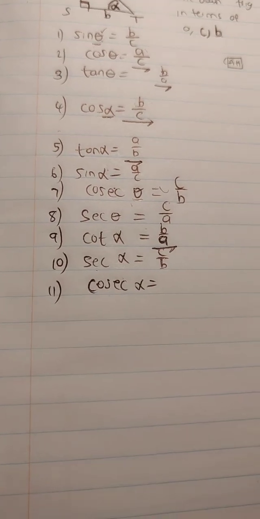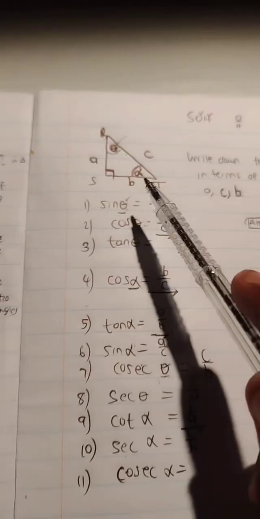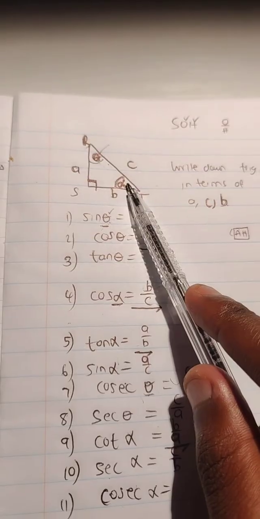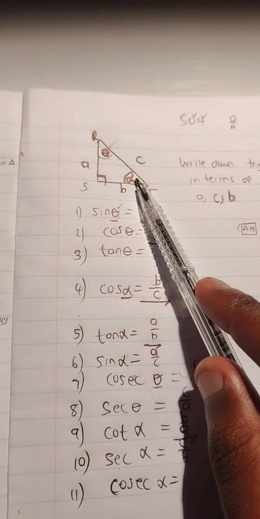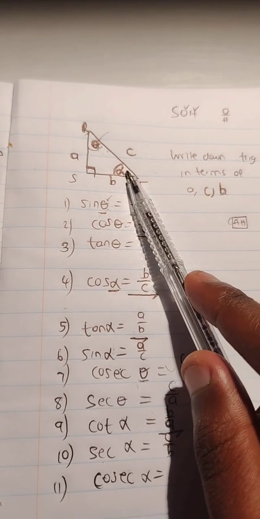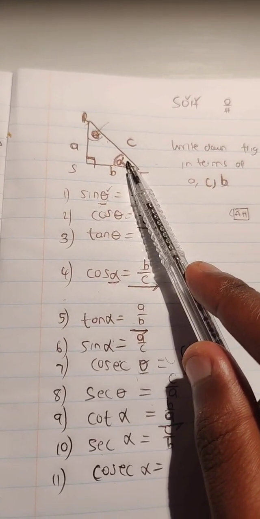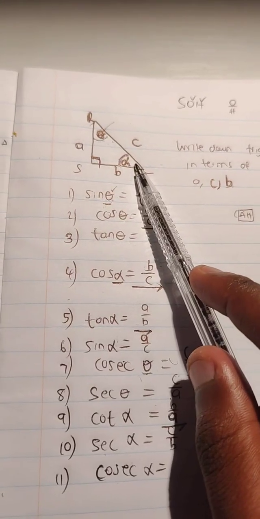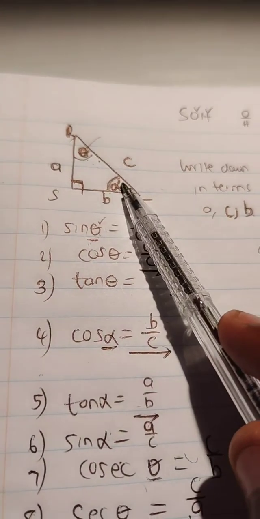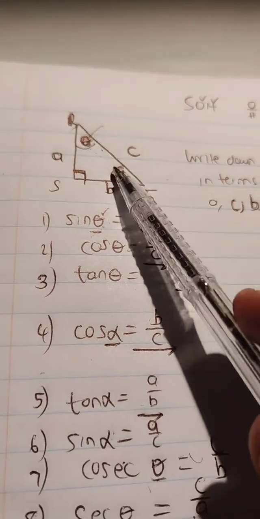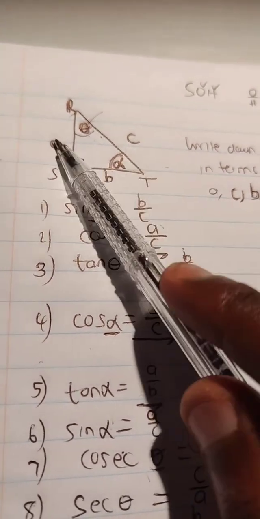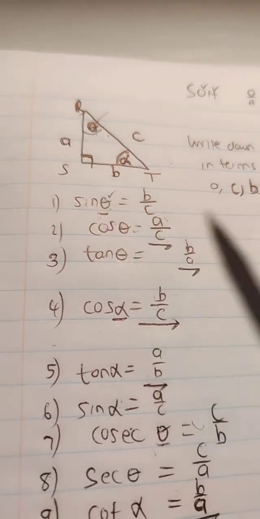So cosec is hypotenuse over opposite. According to this angle, the hypotenuse is C, and the opposite side is A. So hypotenuse over opposite is C over A.